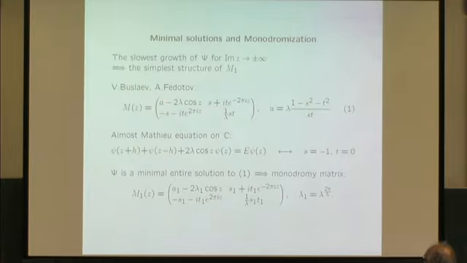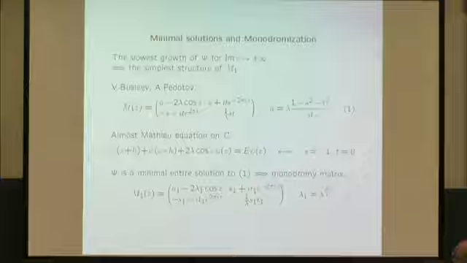A is expressed in terms of S and T in such a way that the determinant of M is equal to 1, actually. This is equivalent to this formula. So in some sense, it's the simplest first-order trigonometric matrix polynomial with the determinant equal to 1.